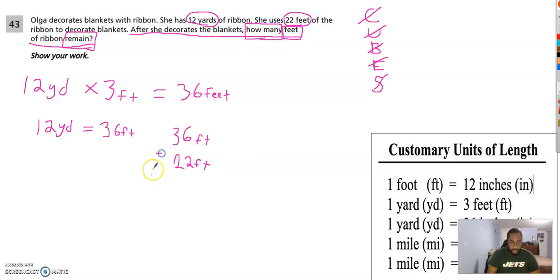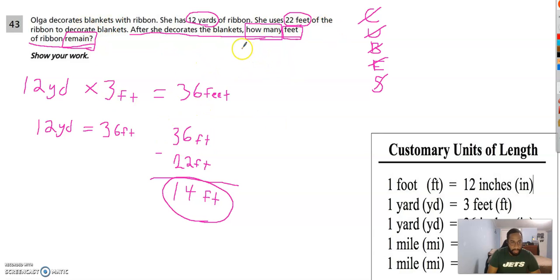All right, and when we subtract, what do we get, Ashlyn? 4, 1. So you get 14 feet. All right, so Olga has 14 feet remaining. All right, so that will be our answer, 14 feet. 14 feet of ribbon remaining.